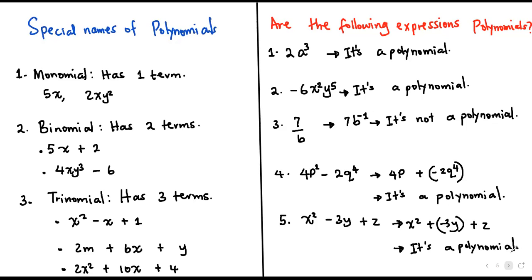Okay, let's get the last one. Let us have 3m to the power of minus 1 plus 2 out of n to the power of 3 plus 4. So look at this kind of expression that we are having.